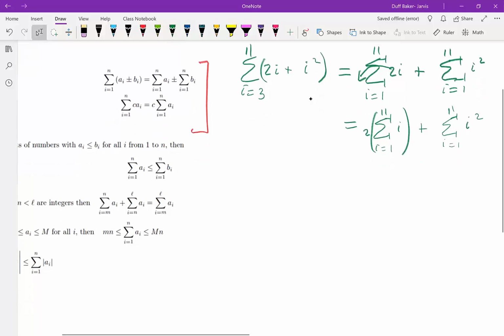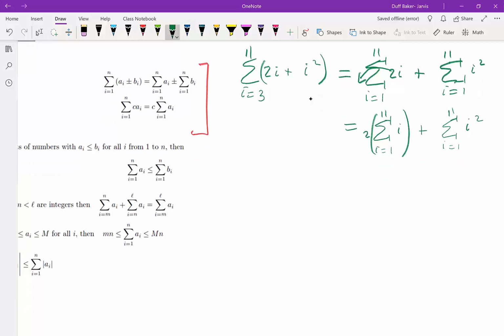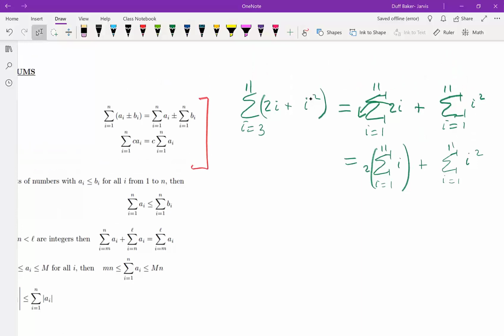Maybe it's not worth our time talking about why this is true, but the main idea here is, whenever you have a sum that has more than one term, like this had a 2i plus an I squared, you can break it up as a sum of the first thing plus the sum of the second thing.